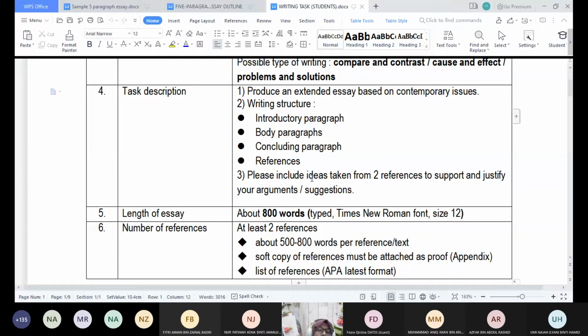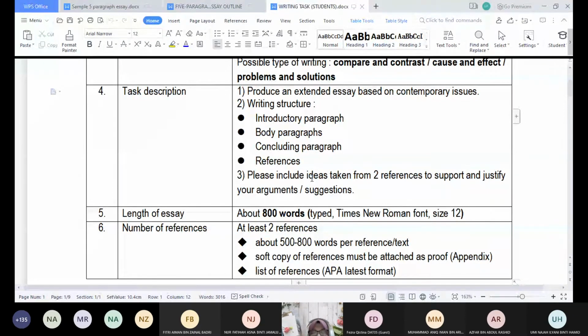So you want to support your argument. You go to Google and search for maybe difficulties in the city, or difficulties in using a car as transportation, for example, and then you get one article of maybe about 500 words, then you can take it.